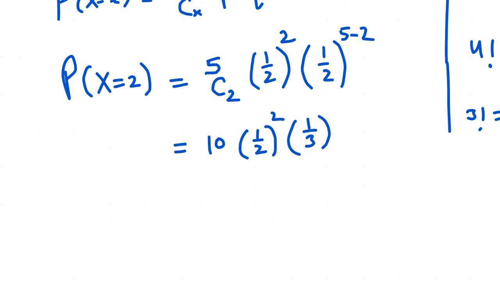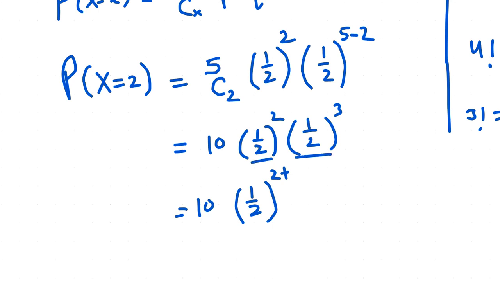When we have the same base, 1 by 2, in multiplication, then we can add the powers. So let us add them: 2 plus 3. We get 10 into 1 by 2 to the power 5.